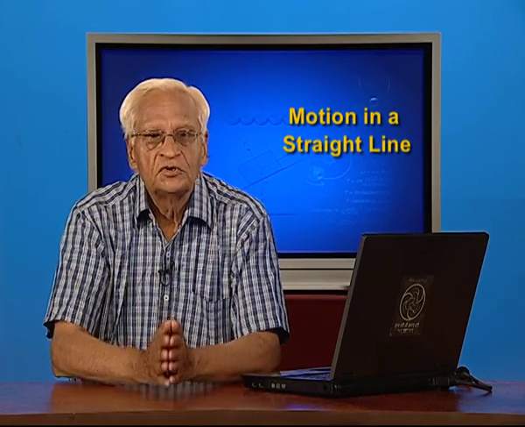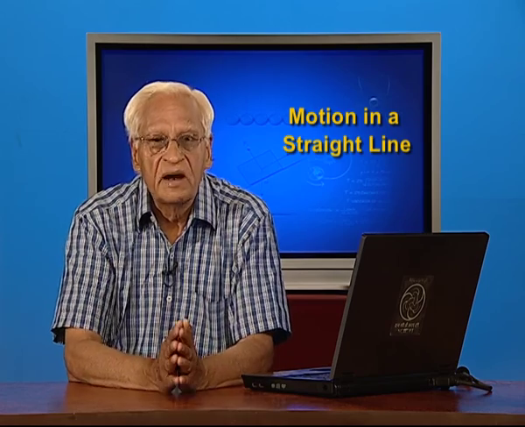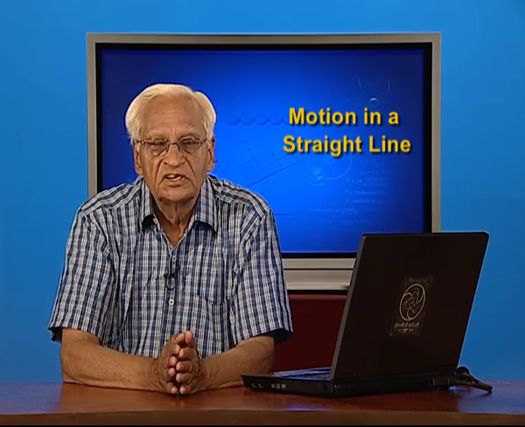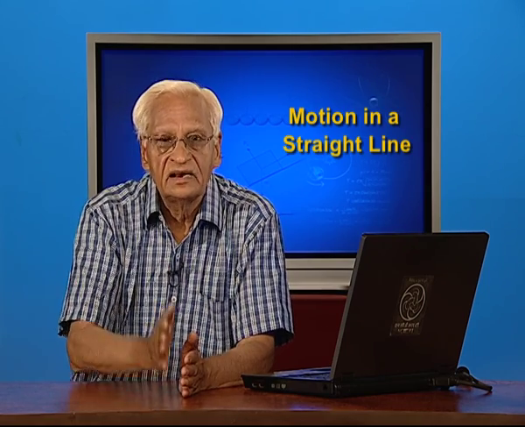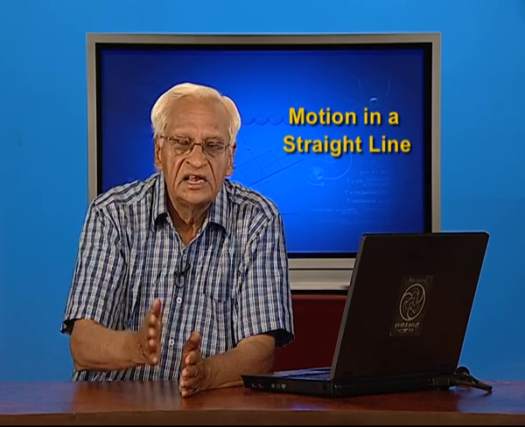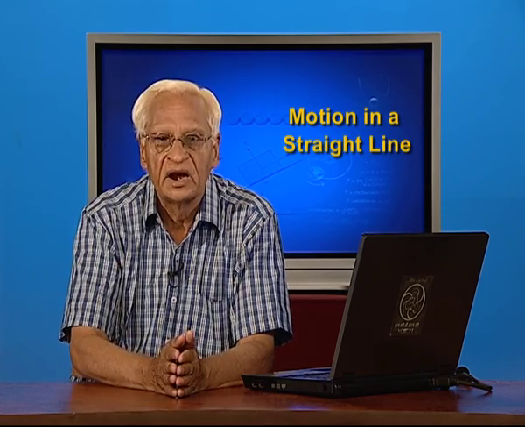We have seen that this distance covered is equal to the area under the curve. In the next lecture, we shall deal with kinematic equations. Some of these equations we have derived here, we shall derive them again and then see how we can deal with problems involving kinematic equations.